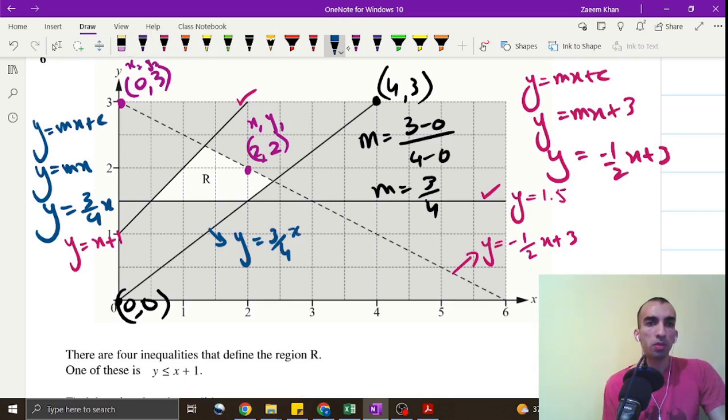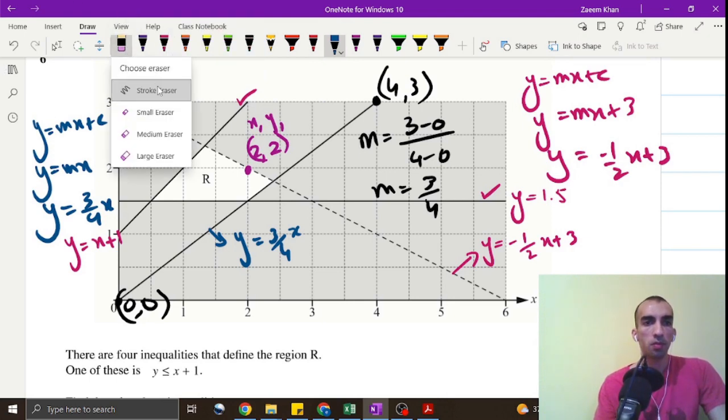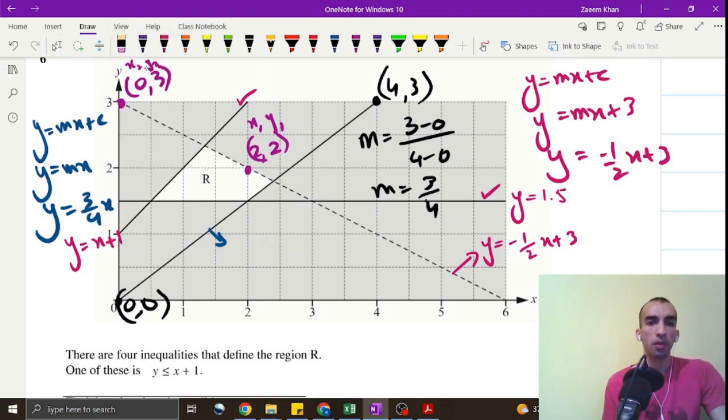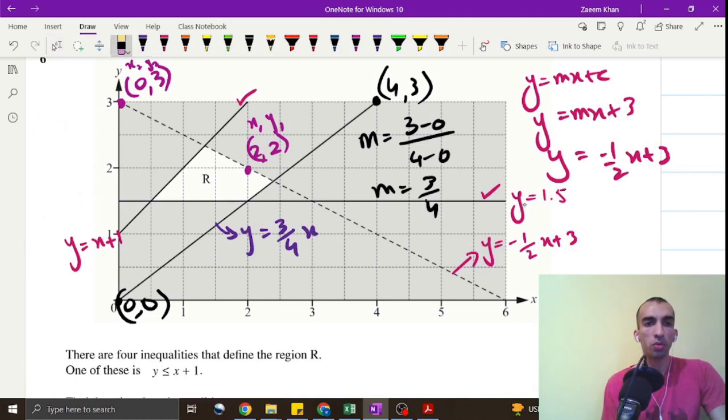Let me use a separate color. Here we go. y is equal to 3 by 4x. Right, it is all unnecessary working. Do not do that in exam.